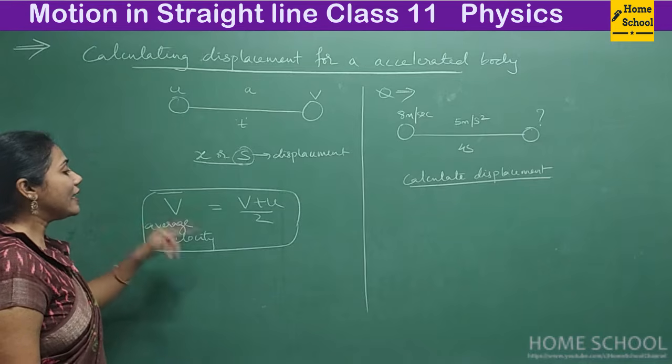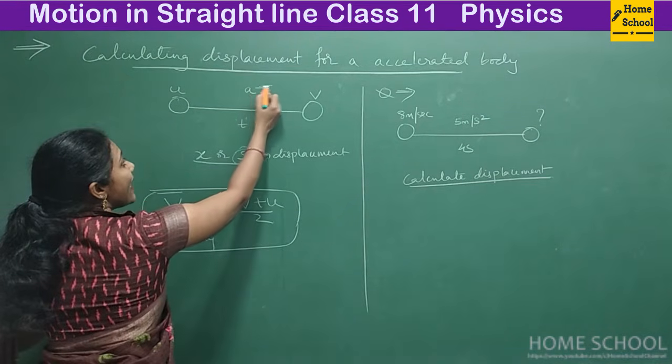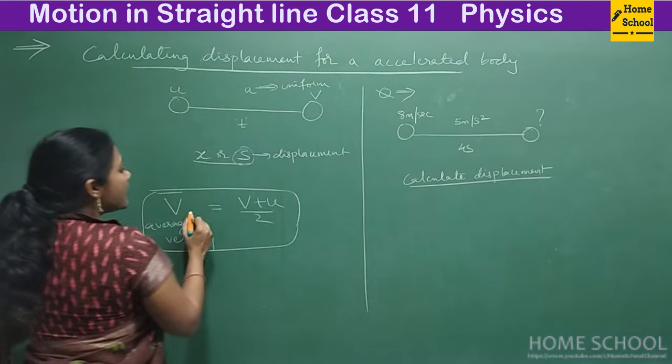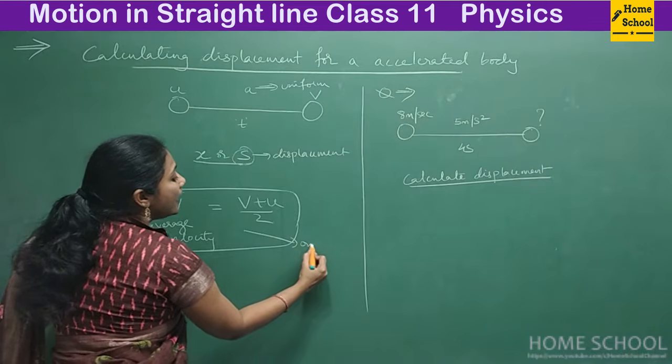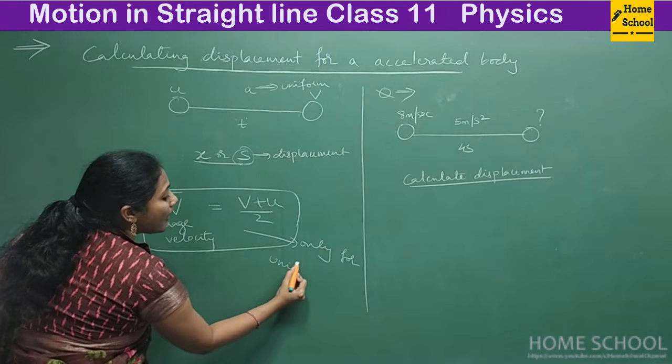This is how we can calculate average velocity, but it works only for uniform acceleration.